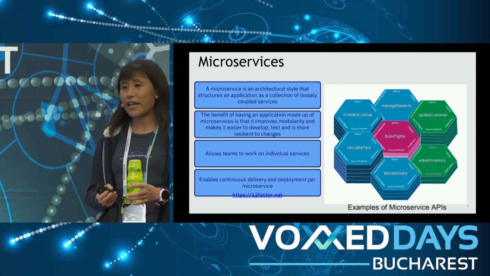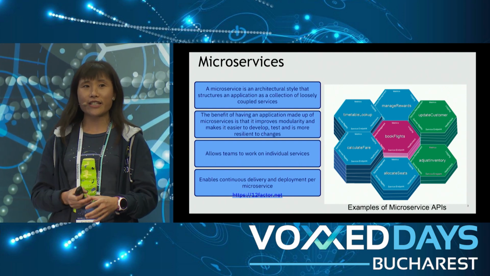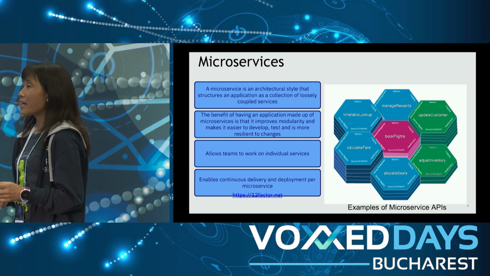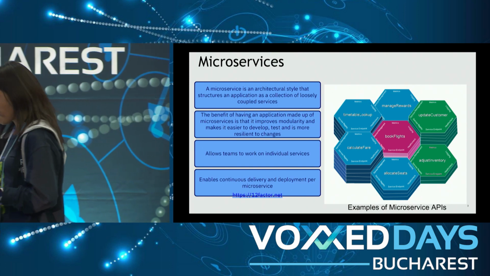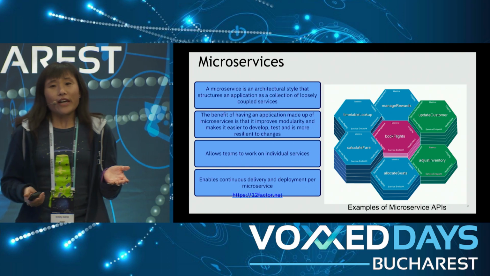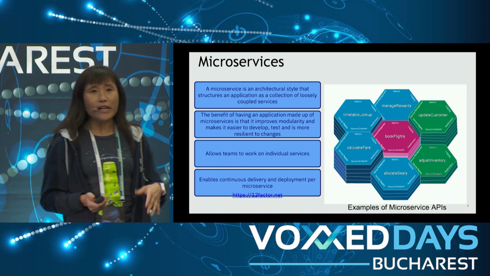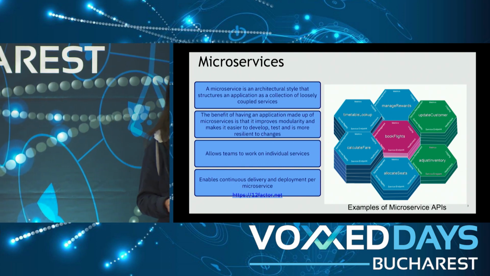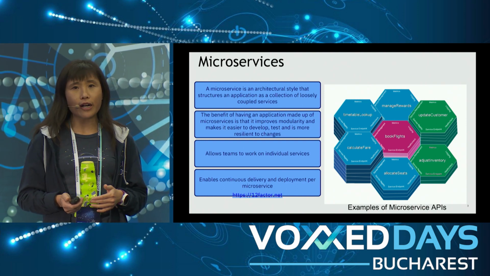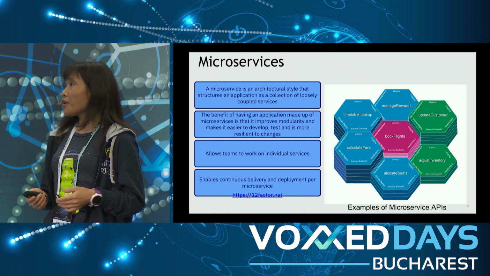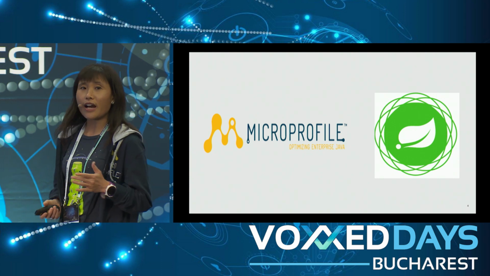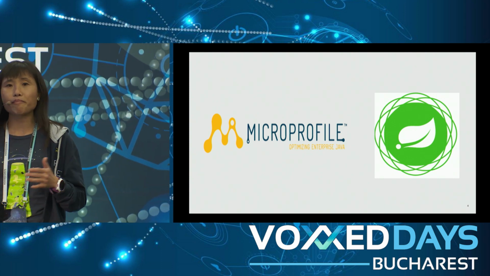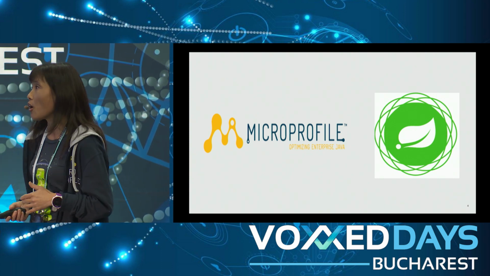So you have less negotiation and less argument to do. That is microservices. So, we're all trying to do microservices. Is there a good programming model for us to do so? At the moment, there are 2 popular programming models on offer.